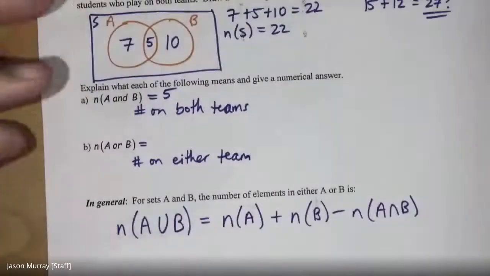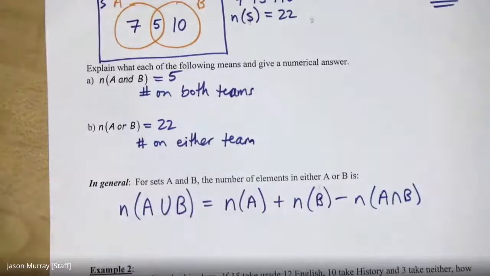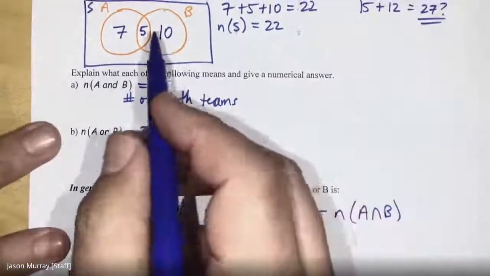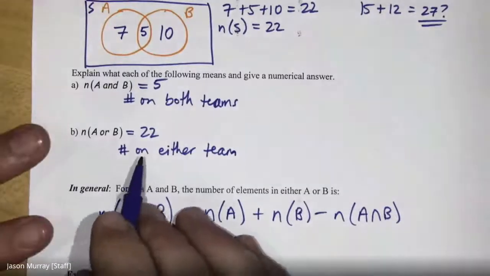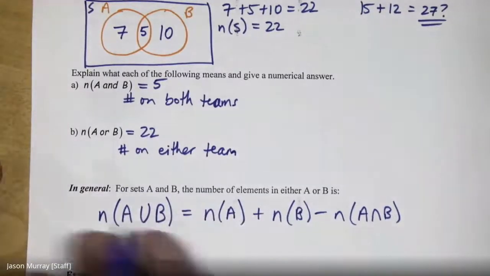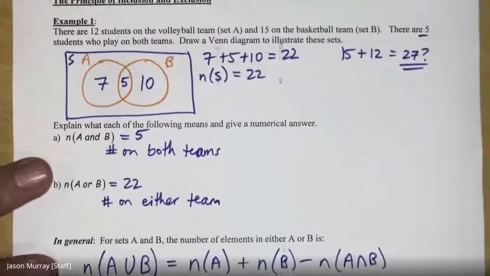Oh yeah, it can. Because when we think about union, remember this Venn diagram here? When we think about union of sets, we're thinking about shading everything, including the middle. So that means that we're talking about 22 of them, not 27, but 22 of them, right? That's all 7 plus 5 plus 10 of them. And that is the number of people on either team. Good. Okay, any questions on that one? Everyone good? Pretty straightforward example.